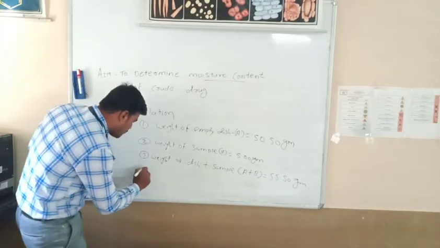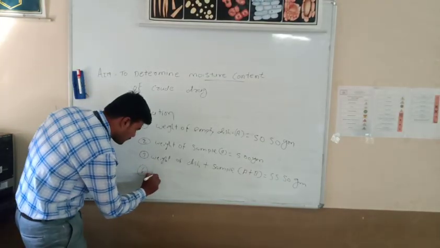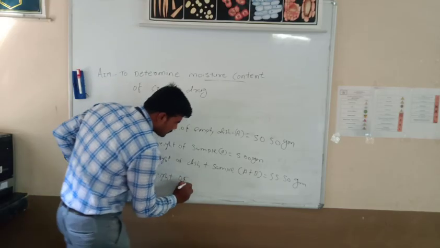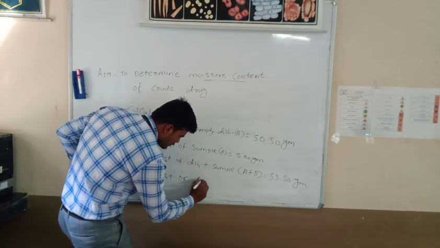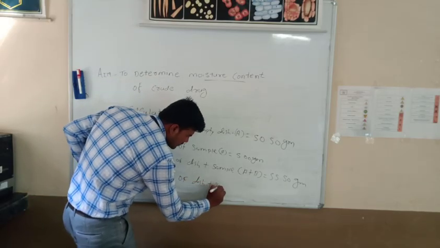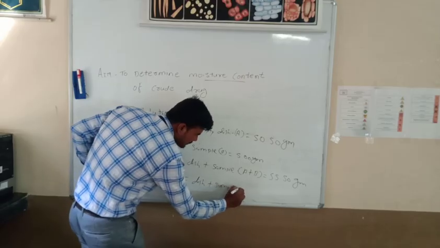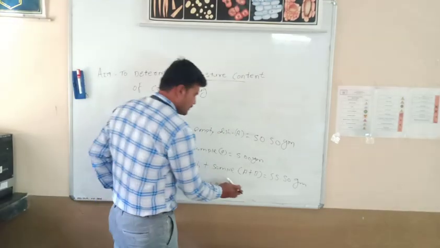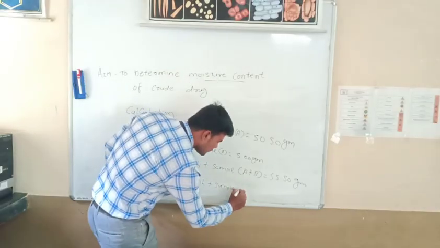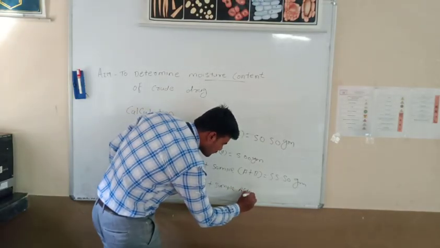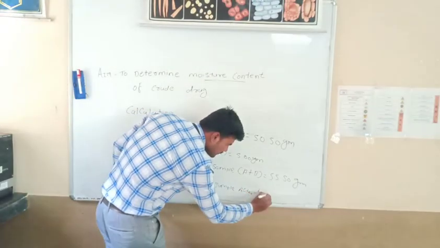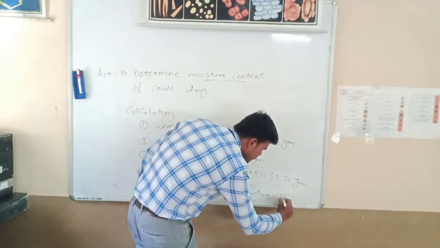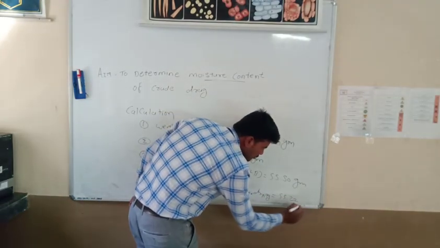Now fourth, the weight of dish plus sample after drying, that is 55.22.